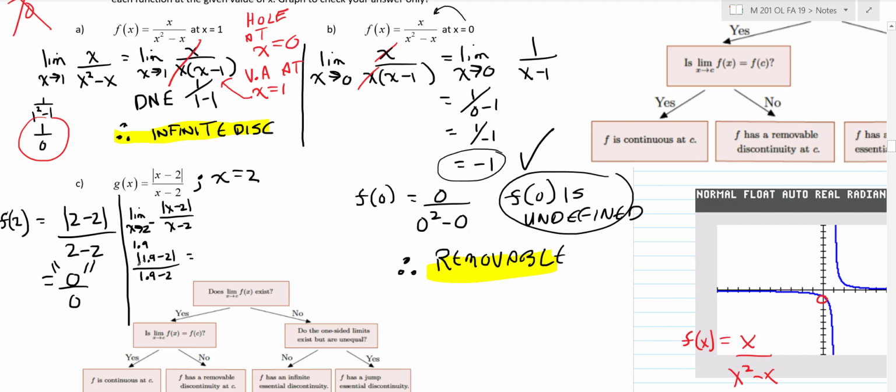Now, what's important is the numerator is positive, the denominator is negative. They're the same math problem, 1.9 minus 2 over 1.9 minus 2, so the values cancel out, but you have a positive over a negative, so you have a negative.